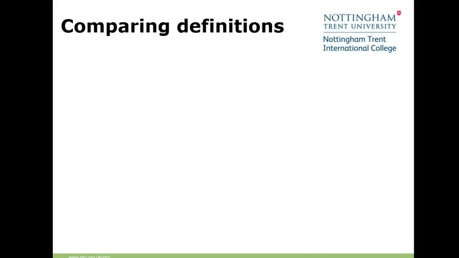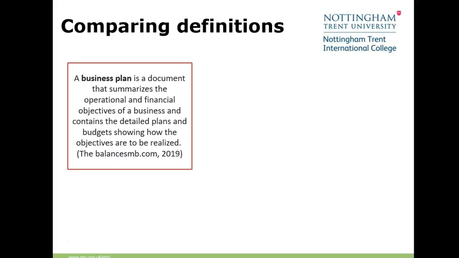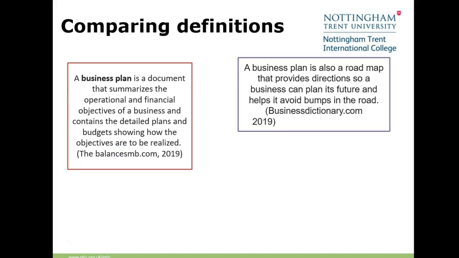Another possibility is comparing definitions. You might ask students to find definitions, not related specifically to the glossary, but they can find definitions themselves. They can go online and they'll find lots of definitions of the same thing.